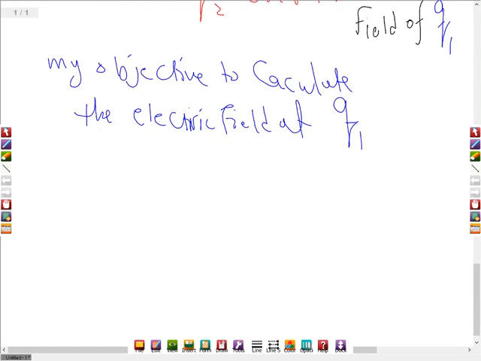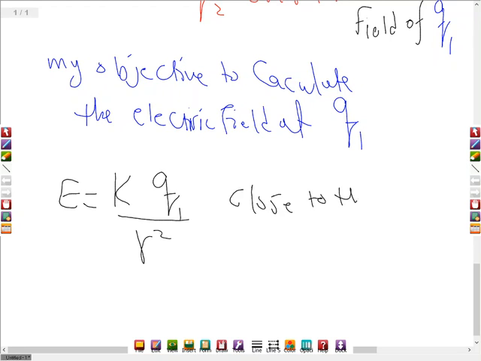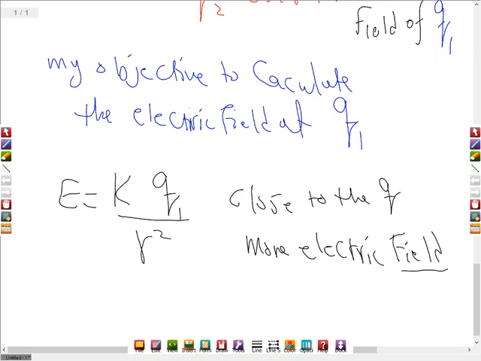The electric field equals K, which is the same constant, Q1 over R squared. Close to the charge, more electric field, right? So there is no reason for me to put Q2 in the equation. We're looking now for the electric field of charges. The electric field itself, if you calculate it, would create the force on Q2.